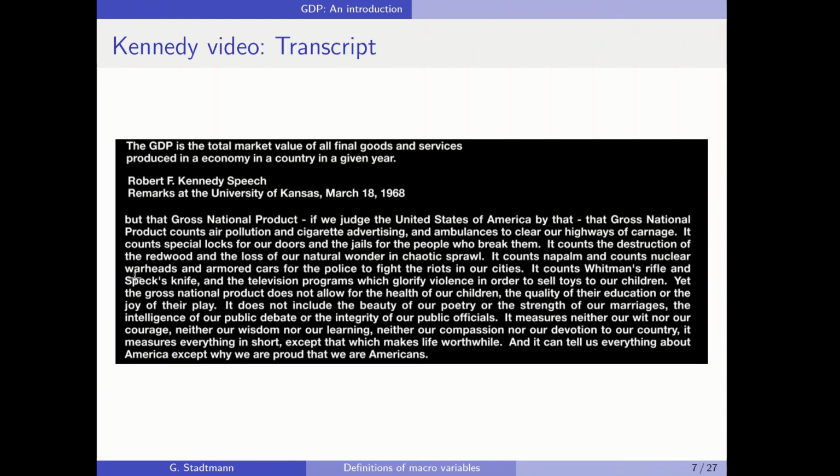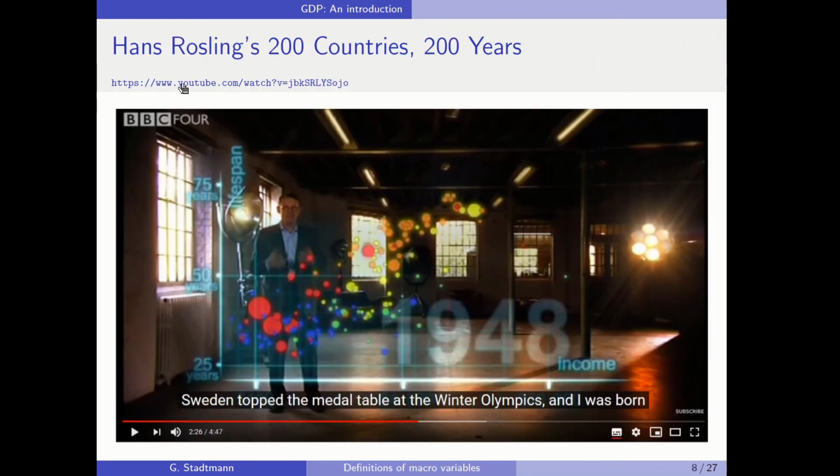Hans Rosling is a little bit more optimistic. He gives some good arguments why it is a good idea to use GDP as a measure of the well-being of a society, because it is correlated with a lot of other variables. For example, GDP is positively correlated with life expectancy. Let's also have a look at his arguments.